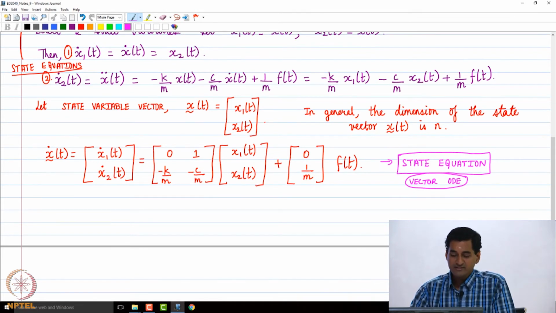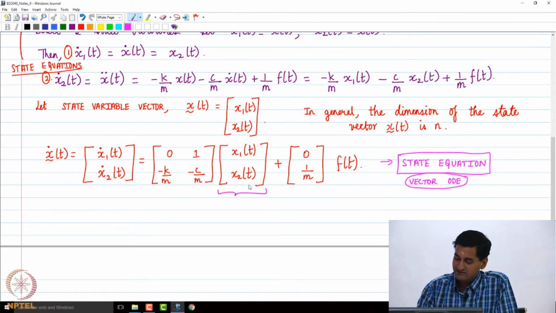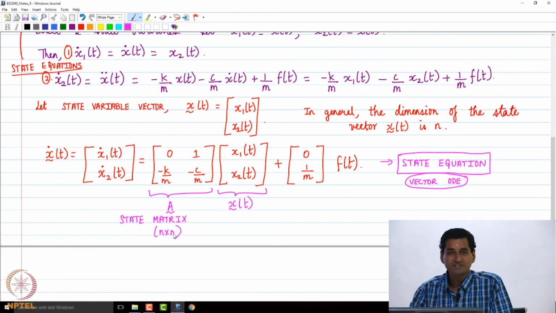Okay. So, in general what happens is that this column vector is my state vector x of t, and that is typically multiplied by a matrix A, which is called as the state matrix. So, in general the dimension of the state matrix will be n by n.